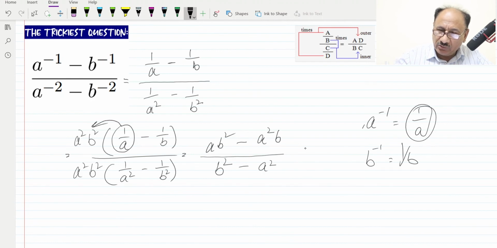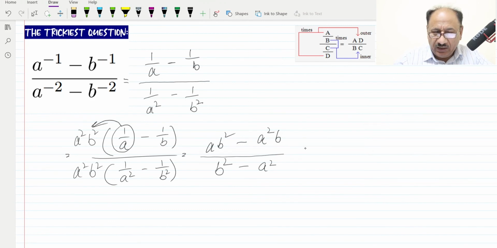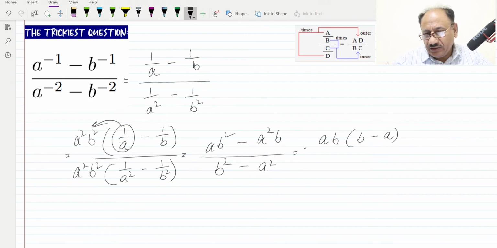Hopefully you understood this. Now we can further simplify this, and we can take common from the numerator. We can take the maximum common, which is a and b, and after taking common the remaining one will be b minus a, over b square minus a square.